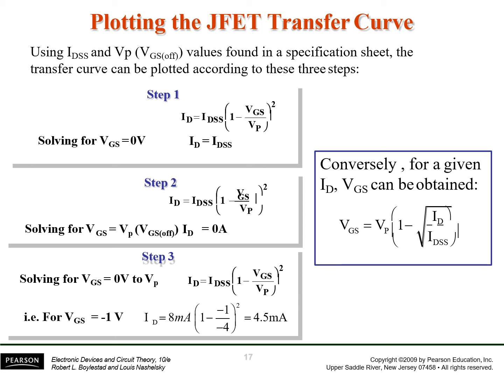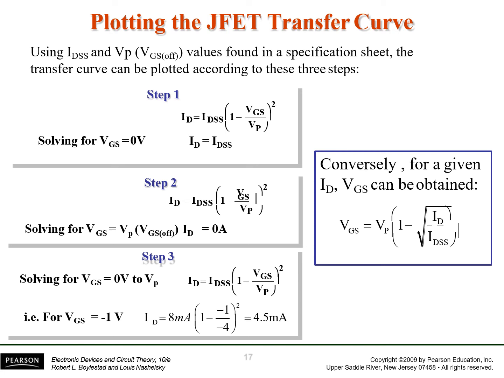In the first step, we write Shockley's equation, which is ID equal to IDSS into (1 minus VGS over VP) whole square. First of all, we put VGS equal to 0. In that case, ID comes out to be IDSS. So we can plot a point at VGS equal to 0, ID equal to IDSS.